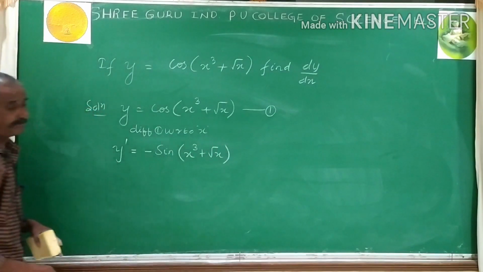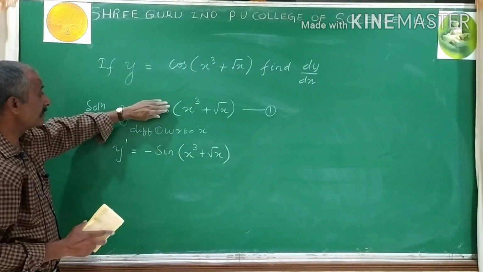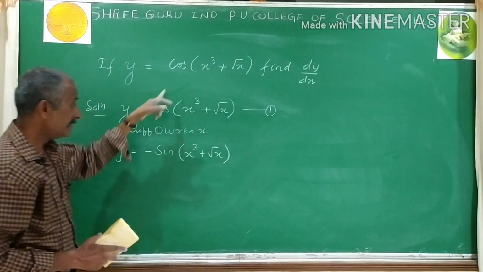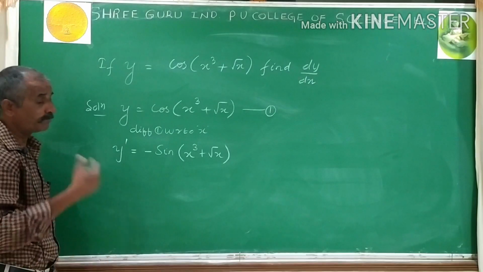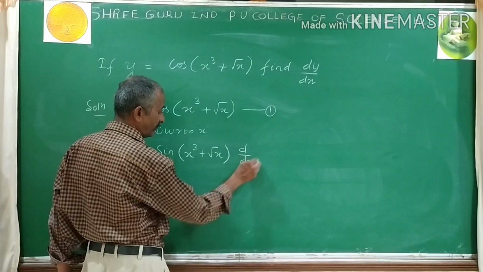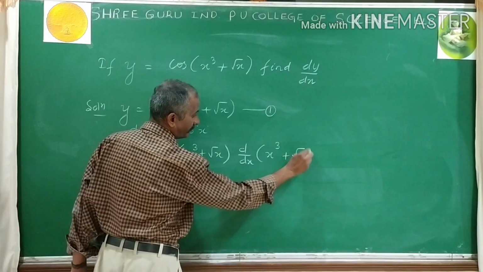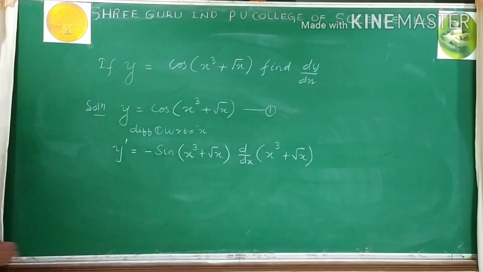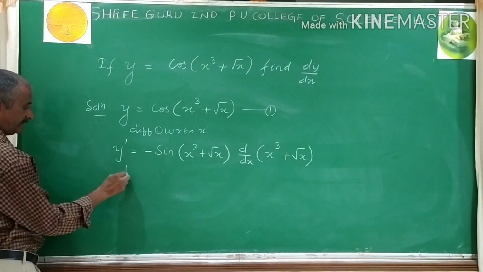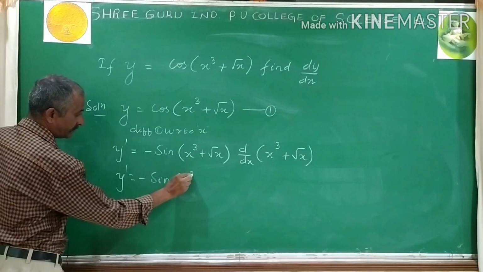Now think whether it is enough or not. Not enough, because we wrote only the differentiation of the cos function. We still have one more function, namely the differentiation of x cube plus root x, that is into dy dx of x cube plus root x. Next step, y dash equals minus sine of x cube plus root x.